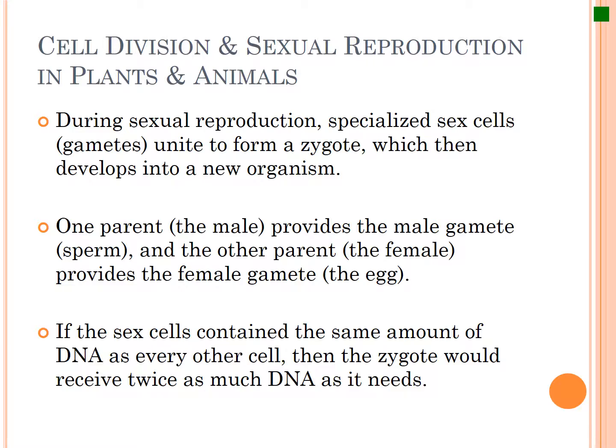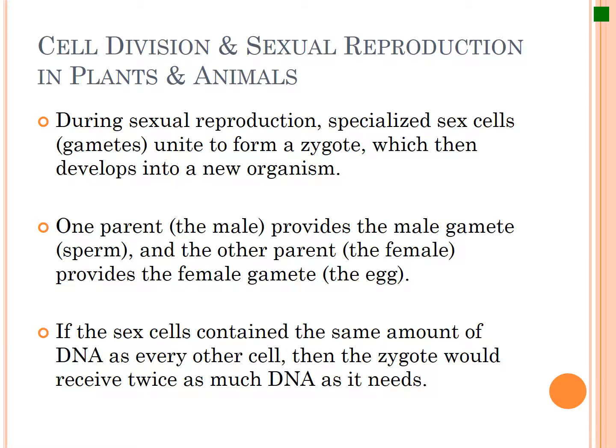Now, cell division and sexual reproduction in plants and animals. Both plants and animals can reproduce sexually, though some plants reproduce asexually. But now we're going to move on to how things happen in sexual reproduction.